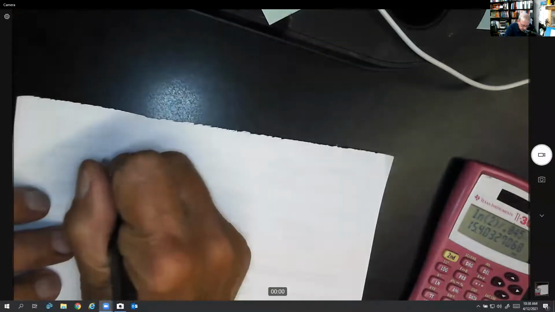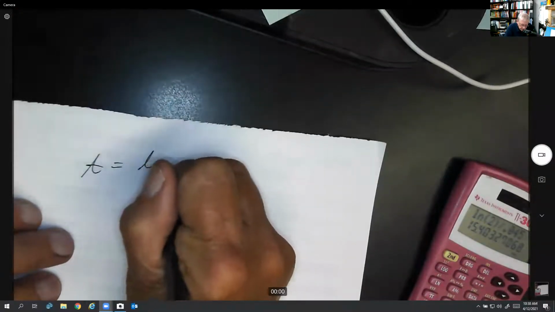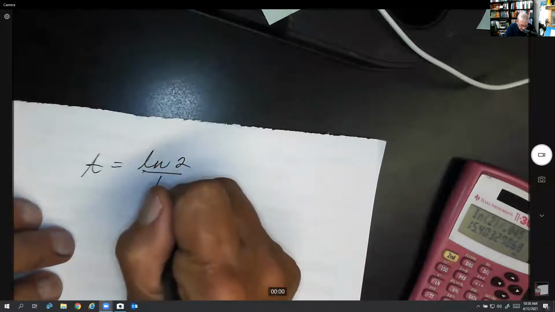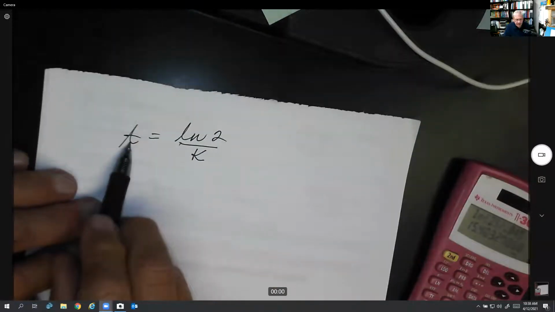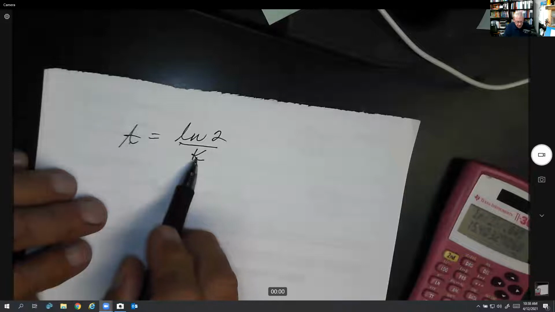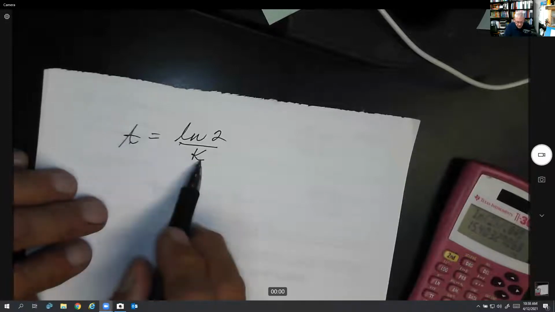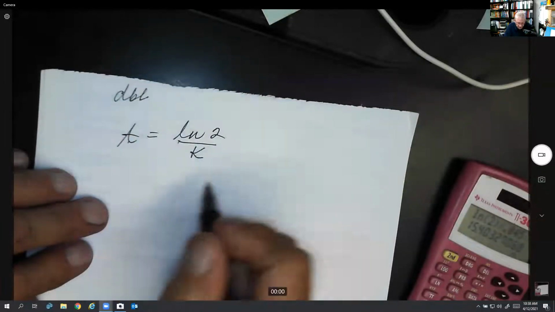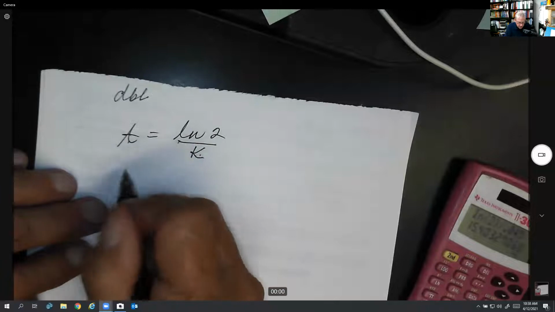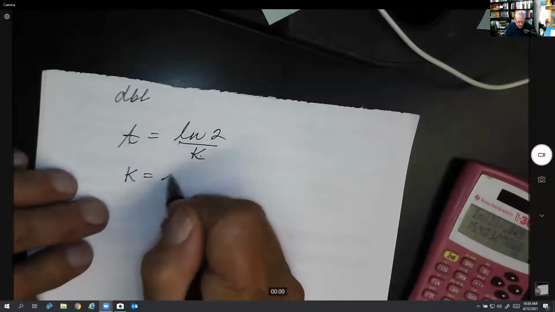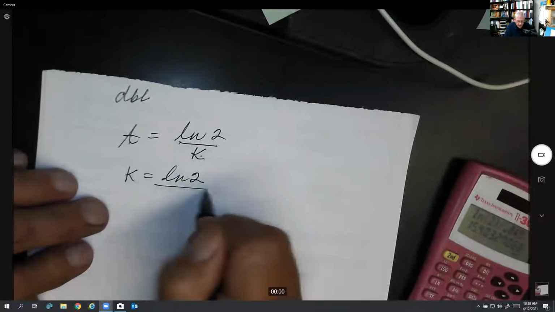Well, let's take a look on page 660. Now, on this formula, t equals ln2 over k. If we know the time and we want to find the rate of interest, we can interchange these two. This is your doubling time, or it could be even half-life. We can switch these two. k equals ln2 divided by t.